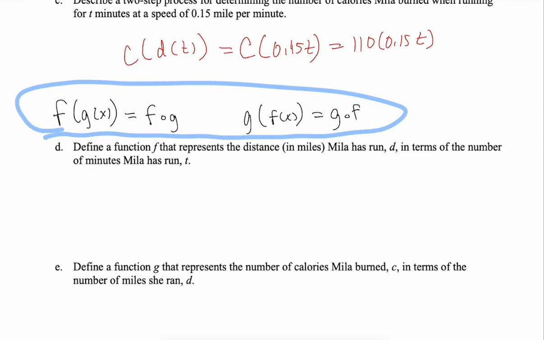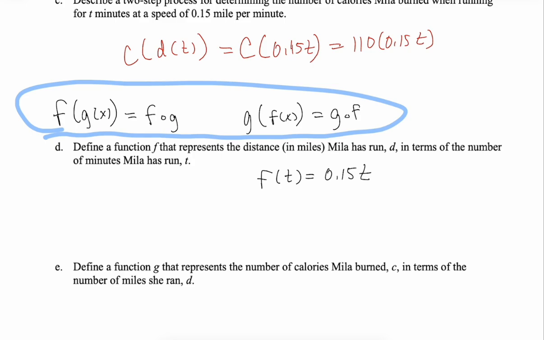Now, in D, it says, define a function f that represents the distance in miles that she has run, D, in terms of the minutes. We already did that. f of t was 0.15t. I think I was working a step ahead of them. And then E says, define a function g that represents the number of calories she's burned in terms of the miles.